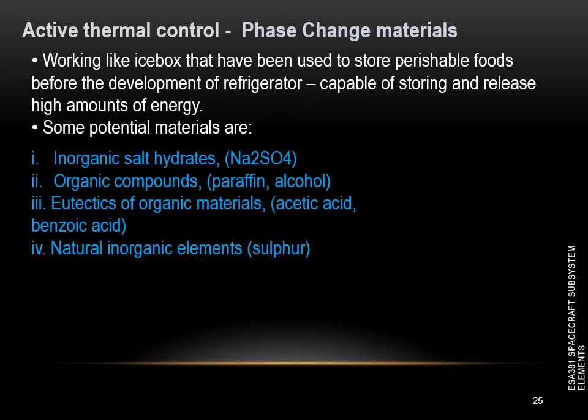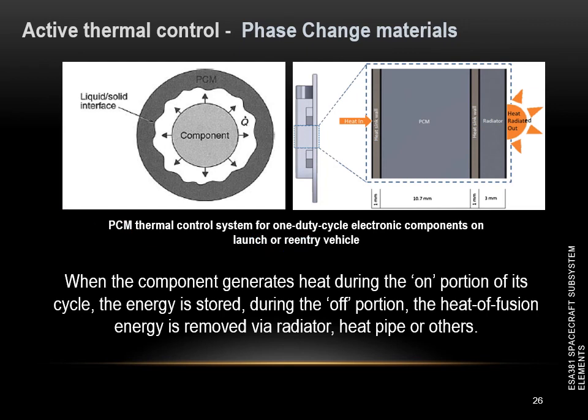Conversely, components that are only activated occasionally must be prevented from cooling to temperatures below operational level, and the lack of atmosphere precludes normal convective methods of thermal control. Such components present an ideal application for PCM thermal control. And this is the schematic diagram of how PCM actually works.